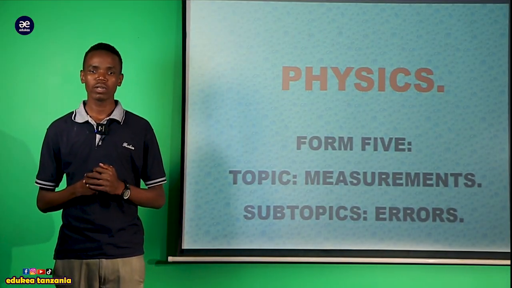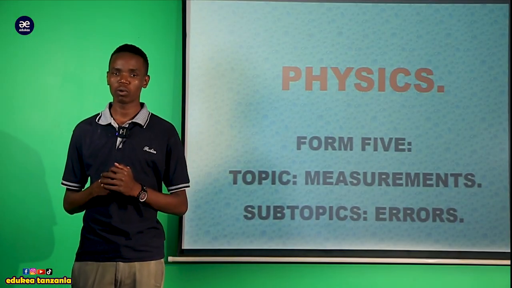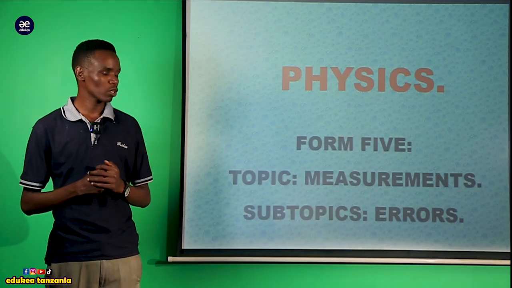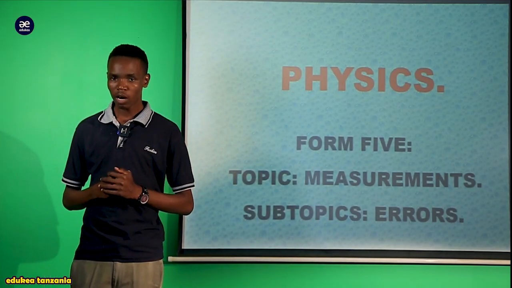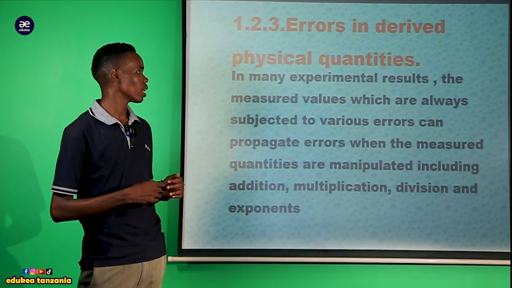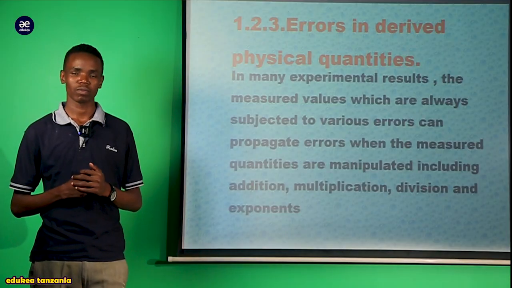And today we are going to proceed with our discussion about measurements, in the subtopic of errors. In this session, my dear student, we are going to see the errors in derived physical quantities.